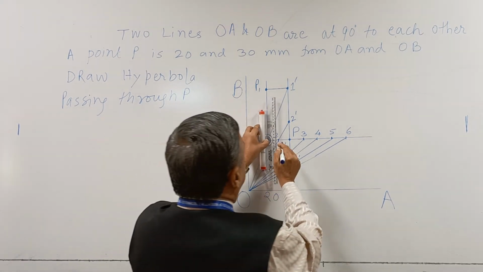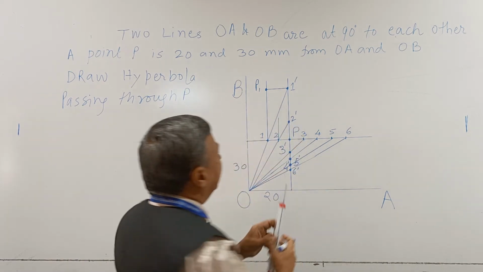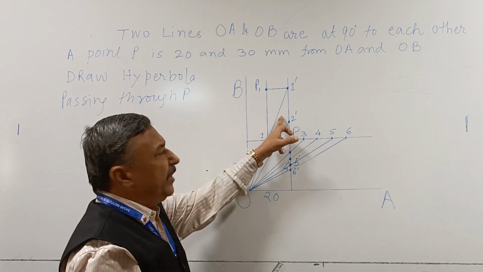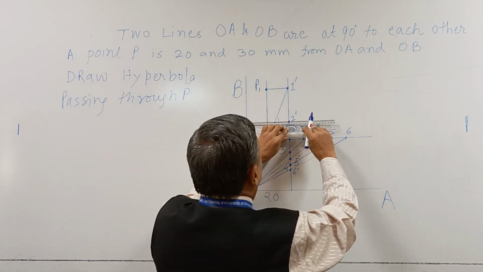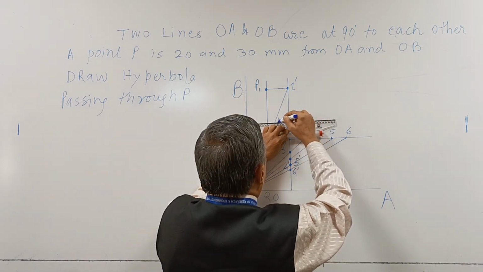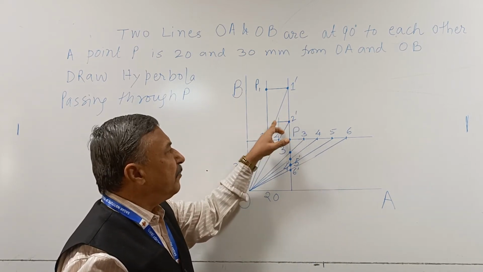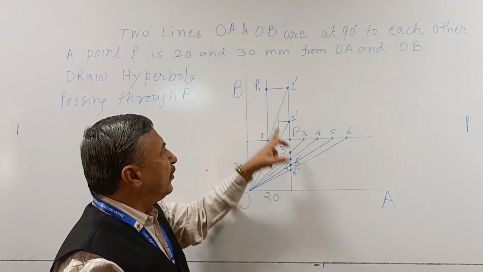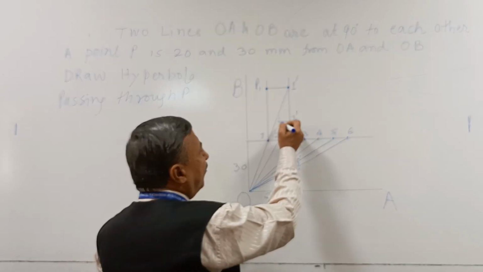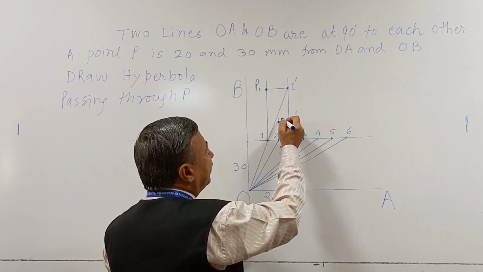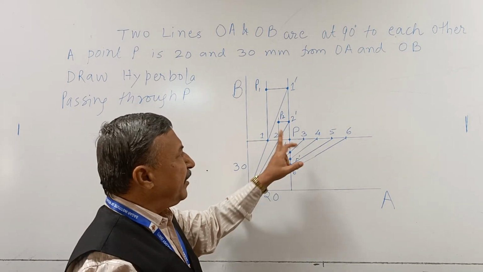Next, we draw a line parallel to OB through 2 and parallel to OA through 2 dash. The intersection of these two lines gives us point P2, and point P we already have.